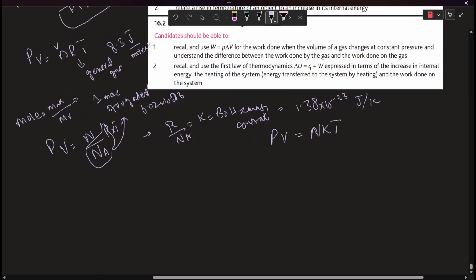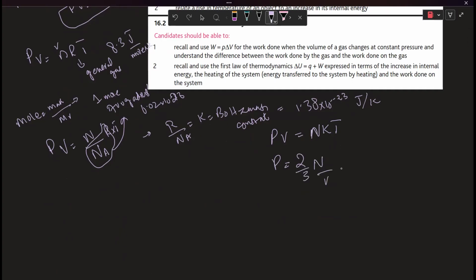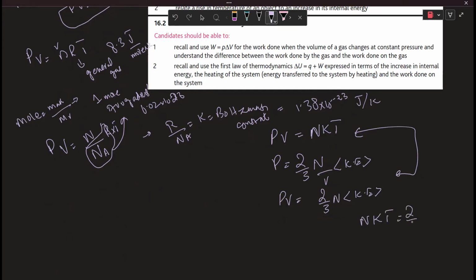If we rearrange this equation, let's rewrite that equation here. P is equals to 2 by 3 N over V into kinetic energy. So from here, what will PV be equal to? 2 by 3 N into kinetic energy. If we relate these two equations with each other, so that would be NKT equals to 2 by 3 N into kinetic energy. Cancel out.